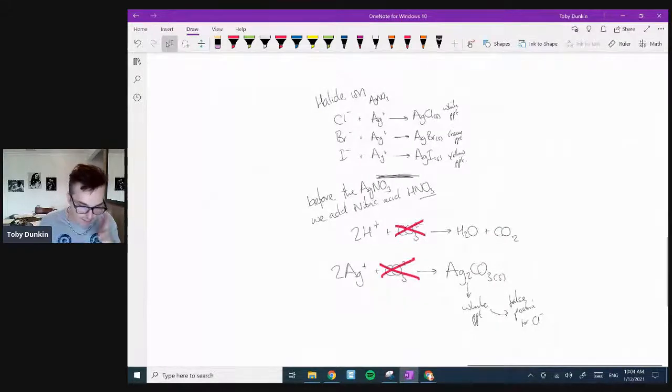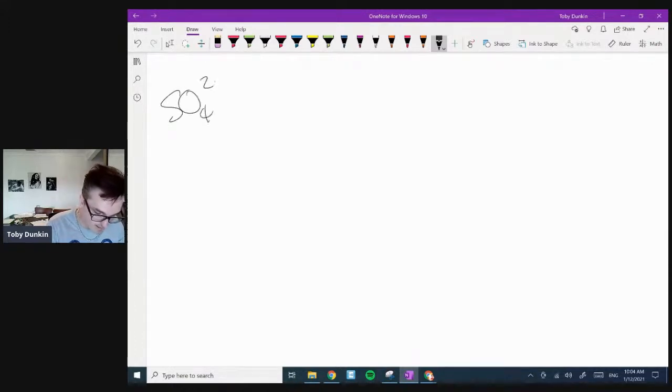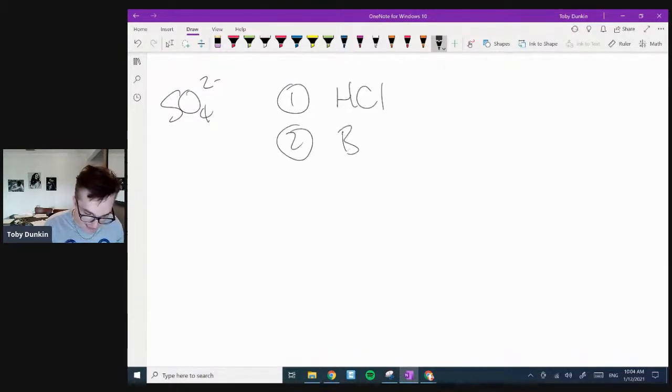Notice the similarity, by the way, just to do a summary of those two, which is tricky. So if we're testing for the sulfate ion, look what we add. Number 1, add HCl. Number 2, add barium chloride. Notice the same anion. We don't want to add another anion. The acid matches the test.